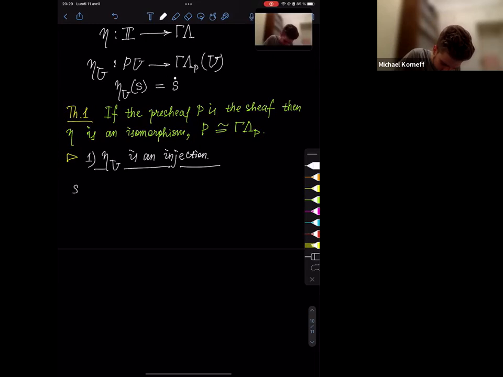Eta U is an injection. Assume that S dotted equals T dotted, and then we should prove that S and T are equal for S, T from PU.